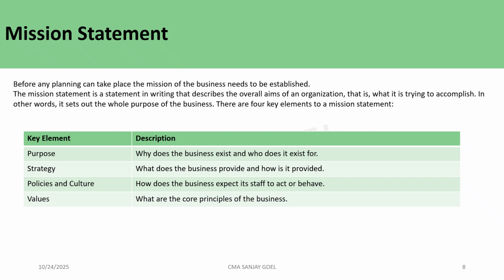Purpose: why the business exists and for whom does it exist? What the business provides and how it is provided? What is the expectation from the staff?